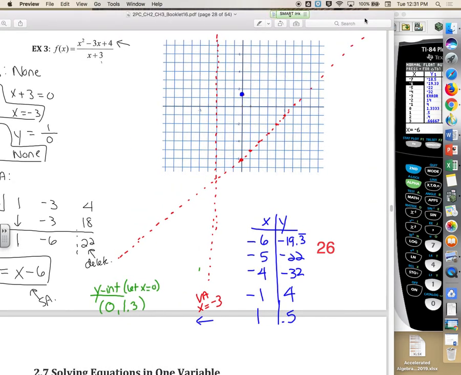All right, so -6, we're at -19. Let me see, 1, 2, 3, 4, 5, 6. -6, we're at -19 point something. So it's going to be pretty far down here. At -5, we're at -22. So we're down even further there.